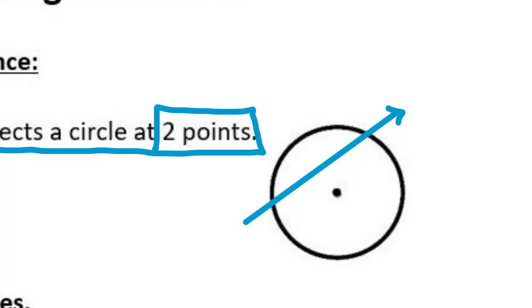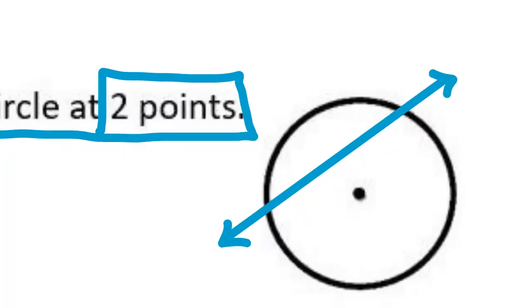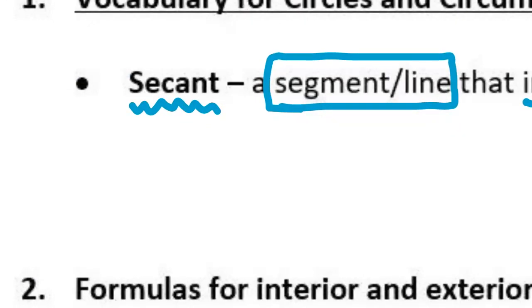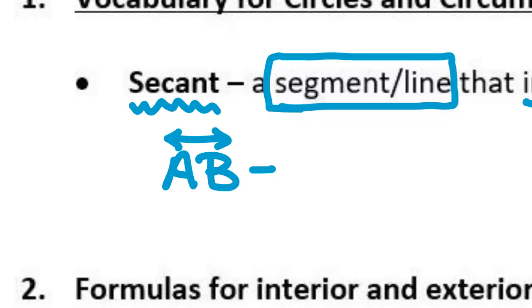So something like this. I'm going to call this point right here A, and this point right here B. Line AB goes all the way through my circle, and so that would be a secant.